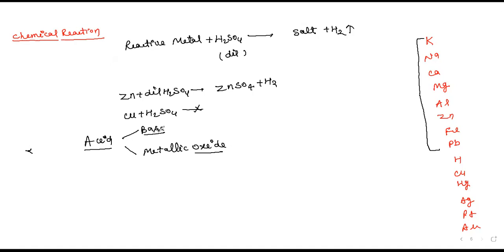Whatever metallic oxide we take, like Na2O, K2O, CuO, whatever you have. So if we do KOH plus H2SO4, it will form K2SO4 plus twice H2O.